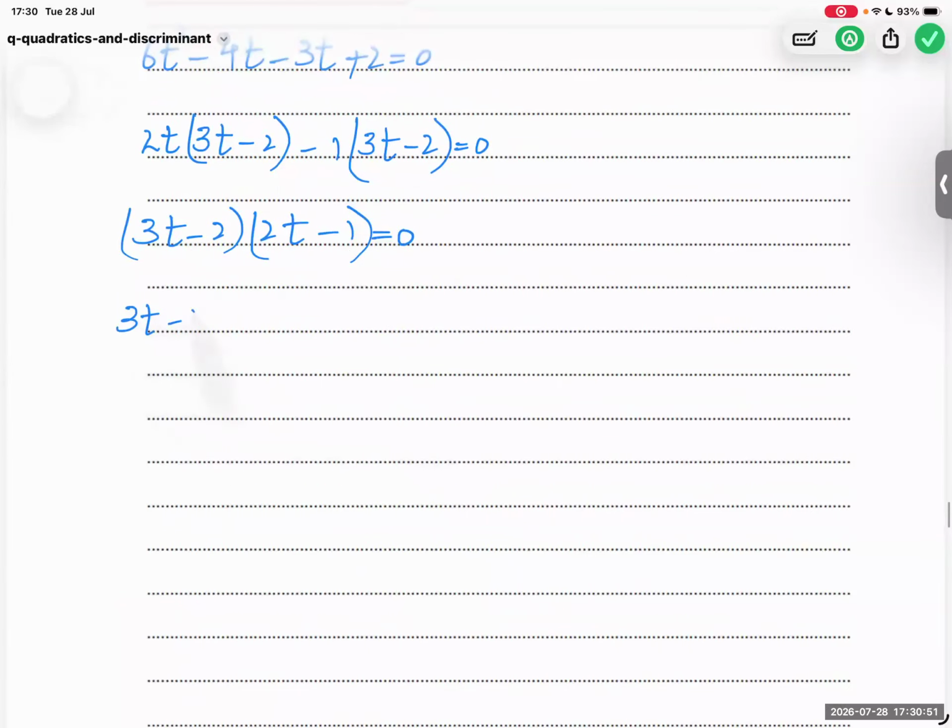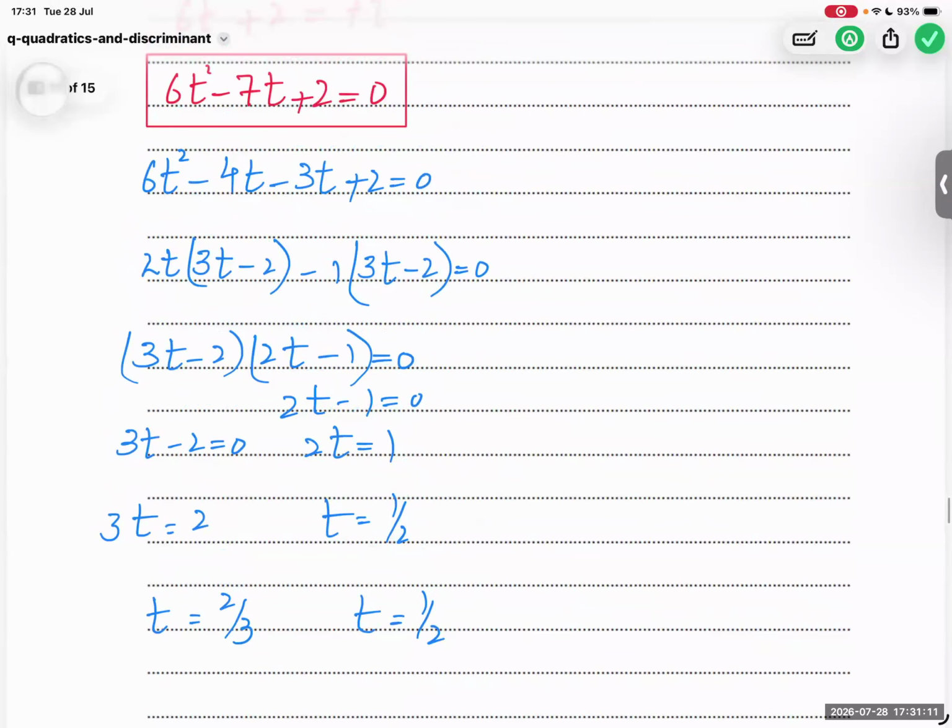Giving us 3t minus 2 is equal to 0 and 2t minus 1 equals 0. I've skipped one step. Then t is equal to 2 divided by 3, and t is equal to 1 divided by 2, right?